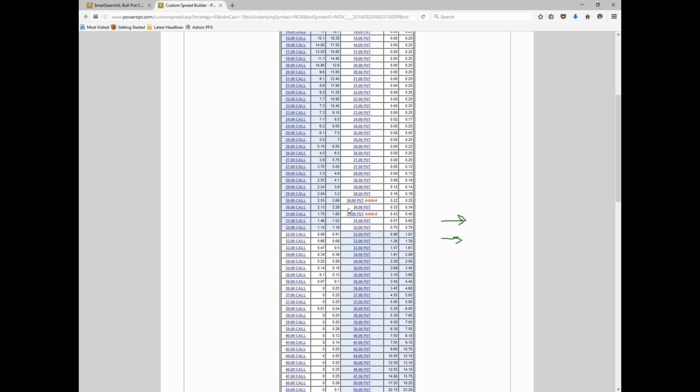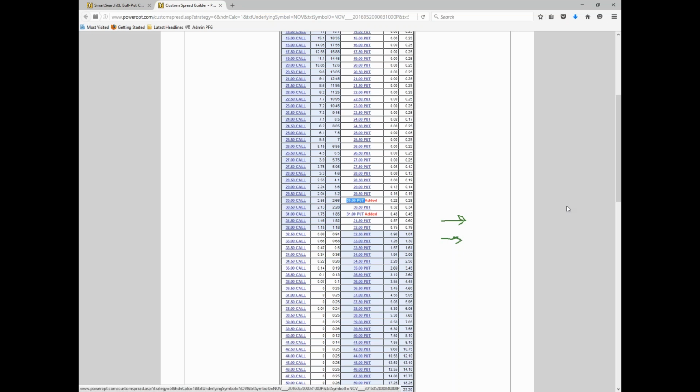If this stock only offered 1-point strike differences, I'd be more tempted to see the risk reward of the 31 to the 29. I'm going to increase my margin. I'm only going to pay half the cost that I would pay for the 30 put, but I am going to increase my margin, so my return's probably going to drop to that 15-12% range.